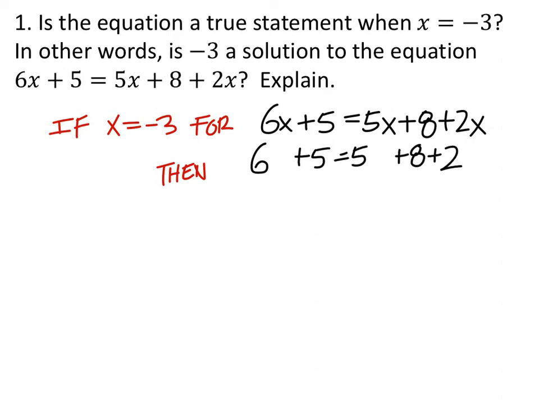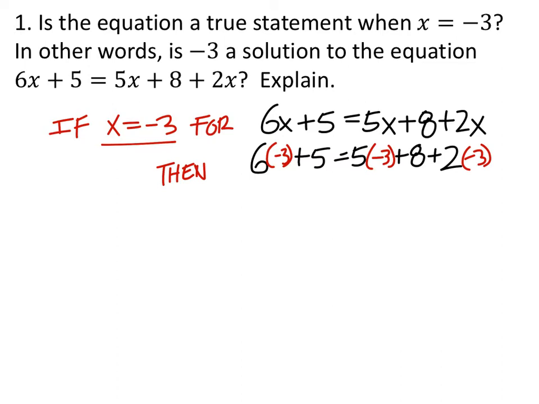But I left those x's blank because we're going to fill them in with x is negative 3. So I'm replacing this x with negative 3, this x with negative 3, and this x with negative 3.